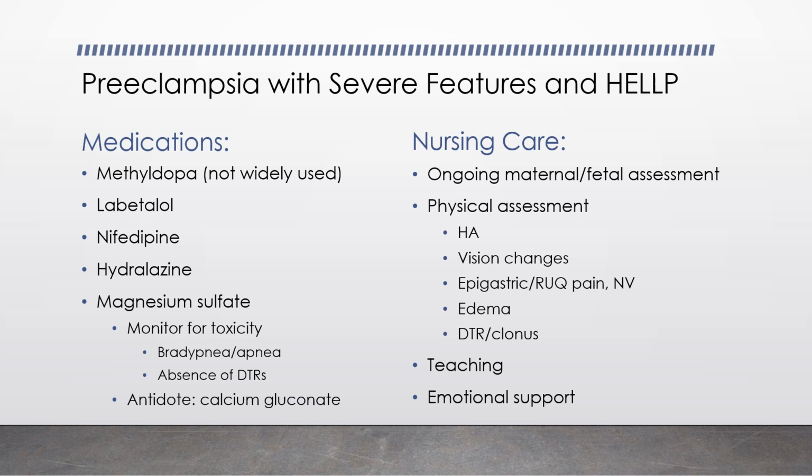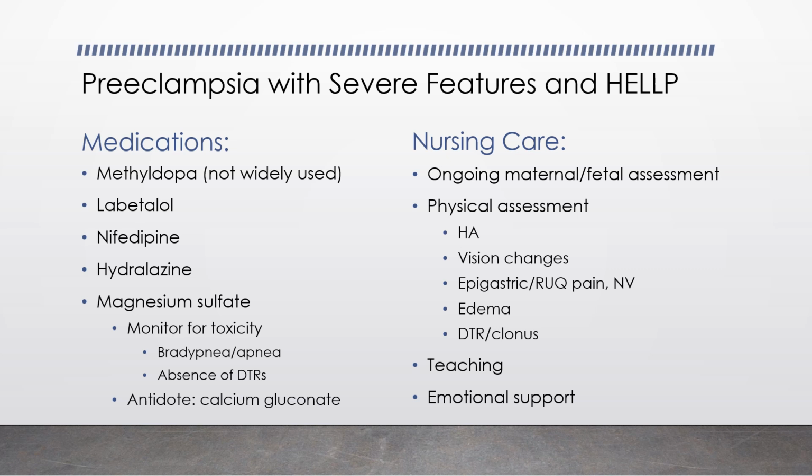Also with magnesium, you want to keep an eye on their output. Typically with a patient with preeclampsia, when they start to go bad, their urine output starts to decrease. You need to let the provider know if their urine output is less than 30 milliliters in an hour.